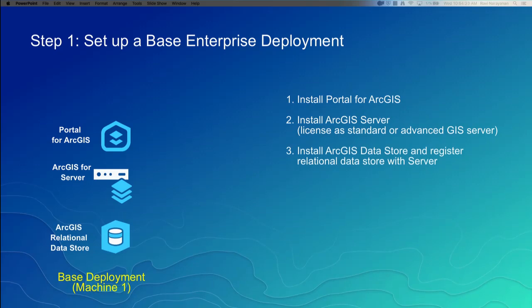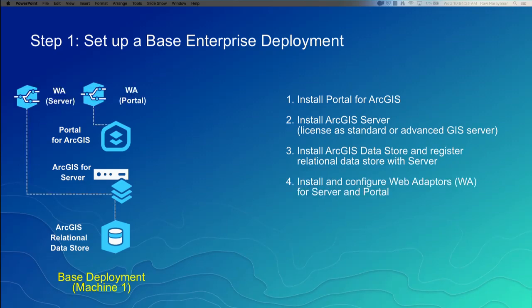Then you install ArcGIS Data Store and register the relational store with your hosting server. You install web adapters for your portal and server and register with portal and server. And then finally, you federate the ArcGIS Server with portal and configure that as the hosting server.